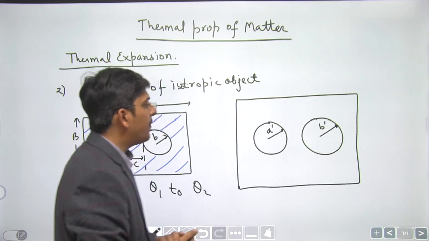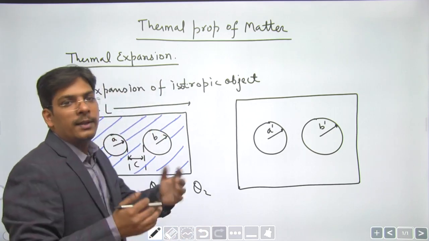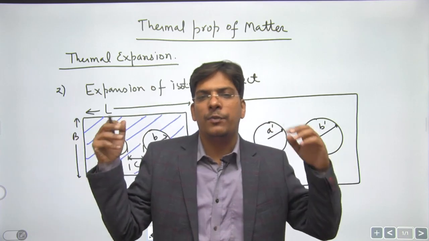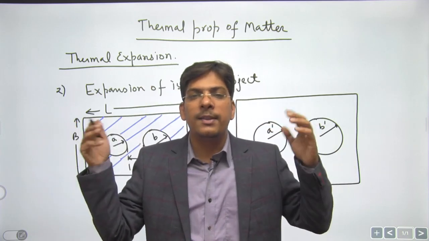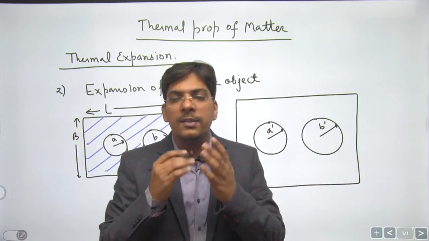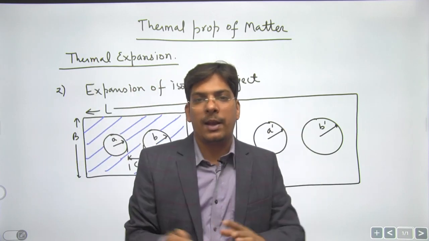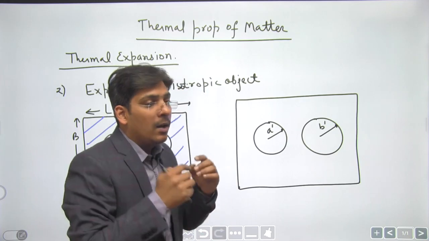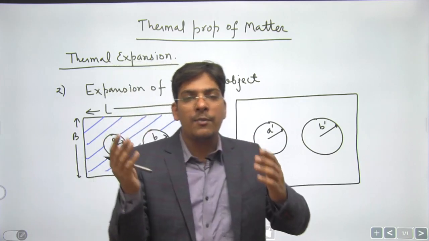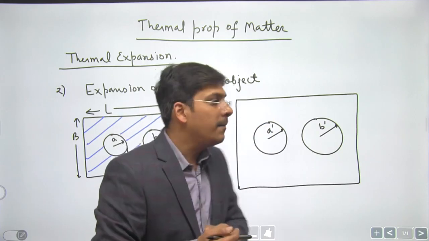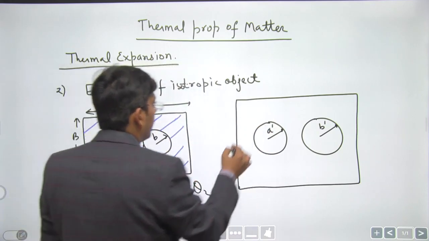So you go to the photographer, get it framed. In that photograph, the size of your eyes, your body, your head, the distance between the eyes, everything increases. This is called photographic enlargement, the small photograph is converted into a big photograph, right? It is not the case that once the size of the photograph is increased, the distance between the eyes is decreased. It is not possible at all, right? So everything increases in size.